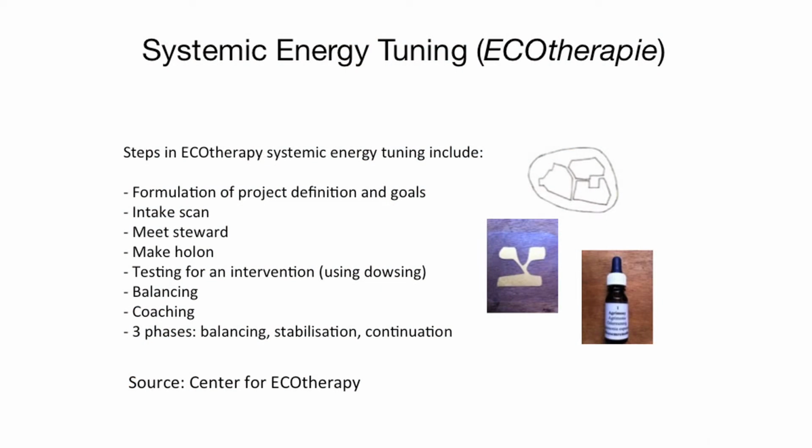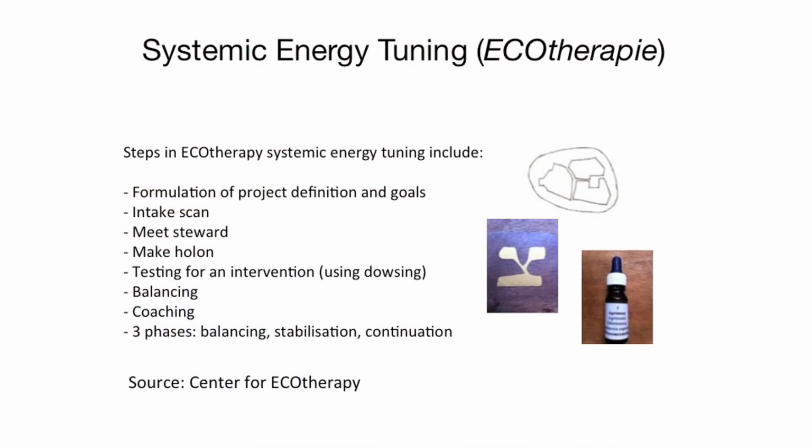Because then when you do your assessment, you're looking at, okay, if this is your end goal, we know that you need to have a certain level of fitness to be able to achieve that goal, and we'll develop a program for you to make sure that over the next year, you develop the fitness that enables you to climb Mount Everest. So we've defined the project, we've defined the goals, and we then do an initial intake scan, where we assess some of the parameters that we talked about earlier. How grounded is it? How much stressed and blocked energy? How much life energy is in the system?